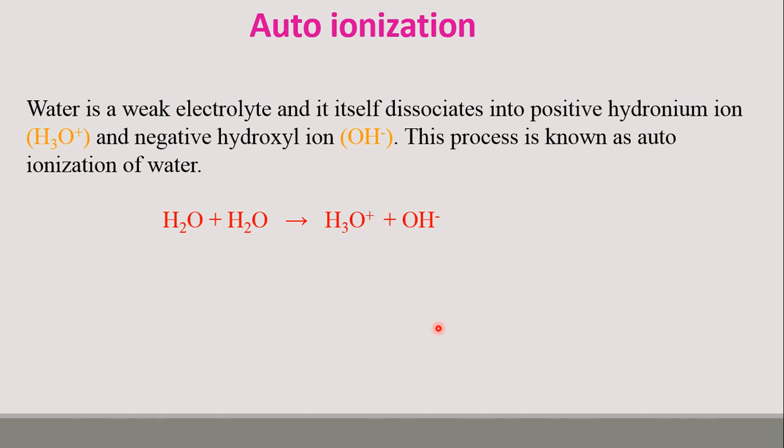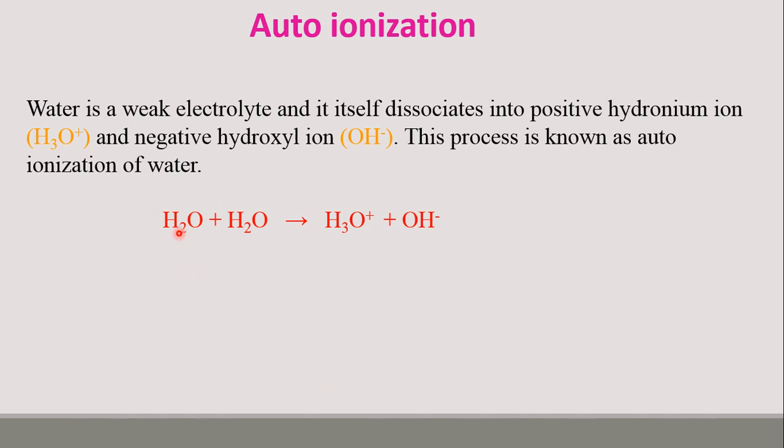In the same way, when base dissociates in the solution, then base accepts proton from water. Here, water donates the proton to base. That means, according to Bronsted-Lowry concept, here water acts as a proton donor or acid. That means, water acts as both acid and base, or proton donor and proton acceptor.